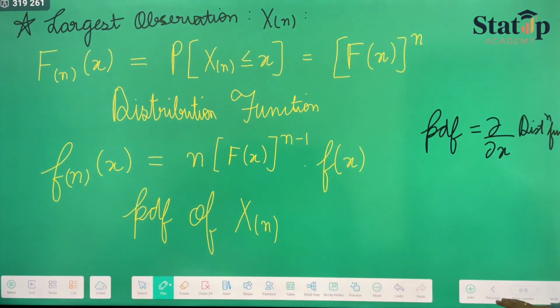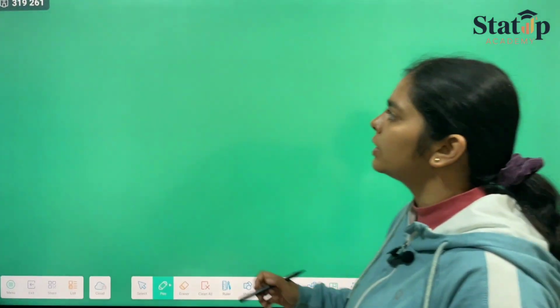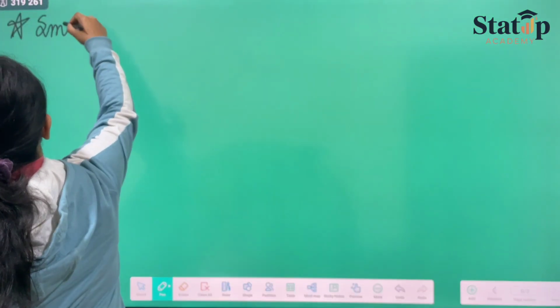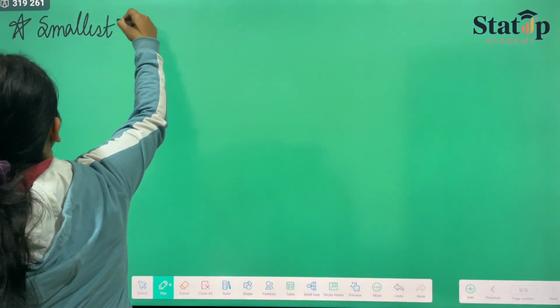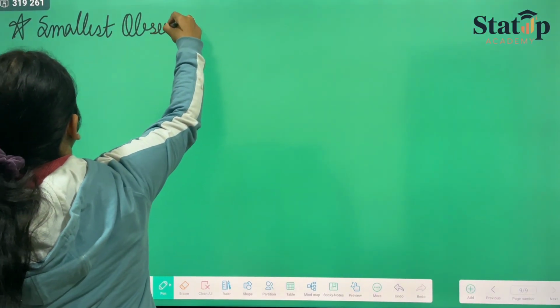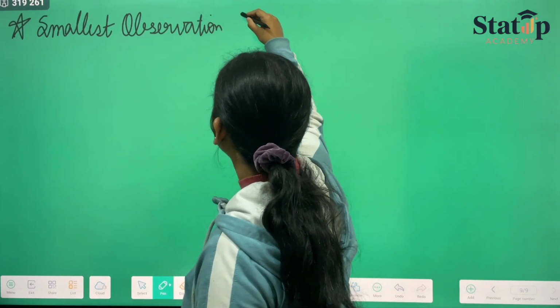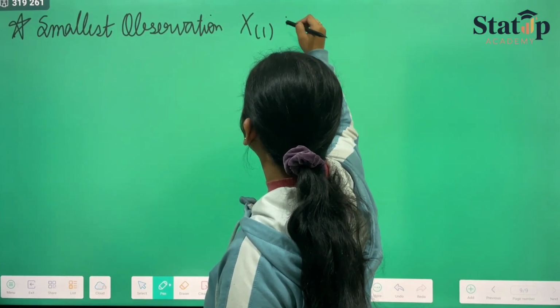Okay, now we move forward to the smallest observation, which is nothing but X1.